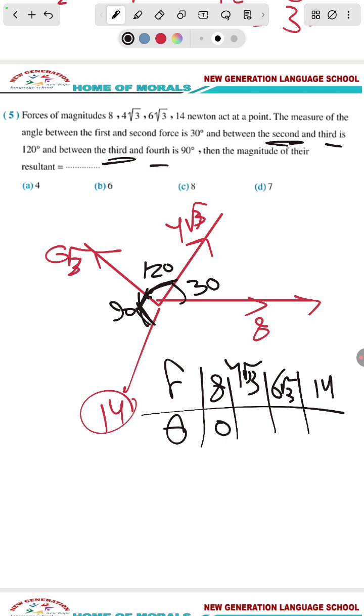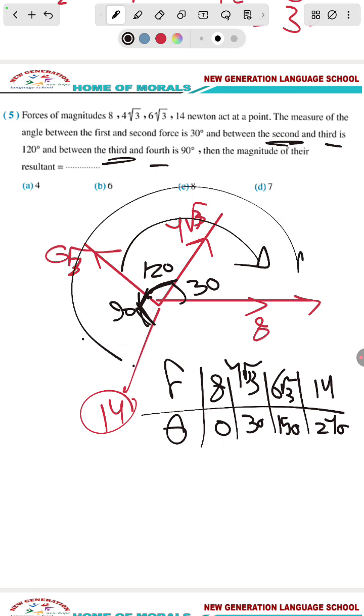The angles are 0, 30 and 150 between the force and the positive direction of x-axis. Okay, and the last angle it will be 240 between the force and the positive direction of x-axis.